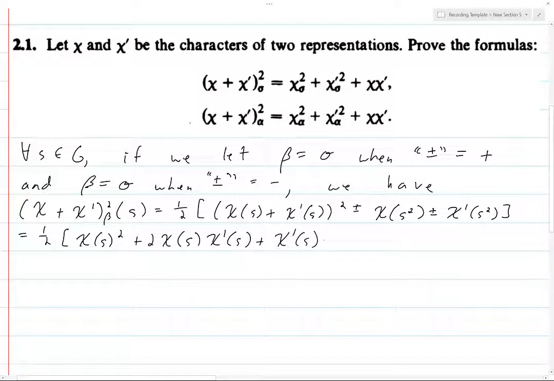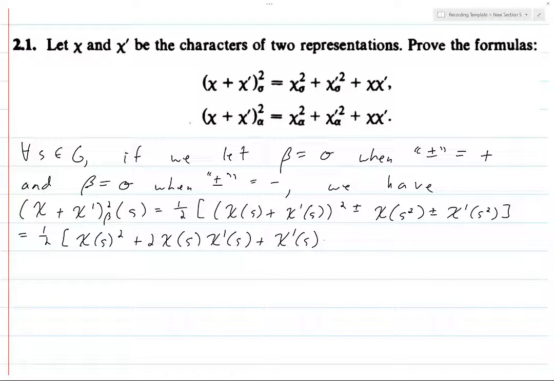We can do that because remember, chi is the trace of a matrix in V, and the matrix takes on elements in a field, so all these chi's are giving us elements of the field.